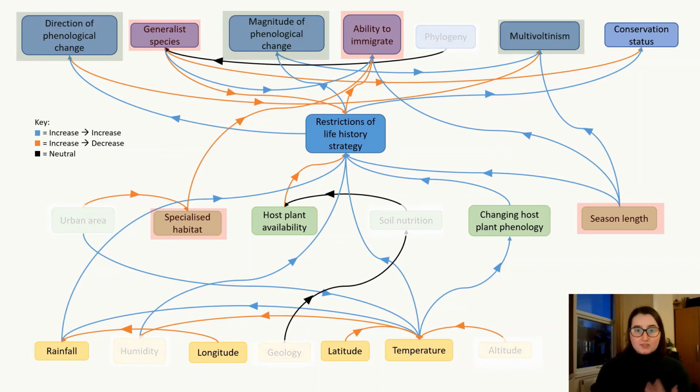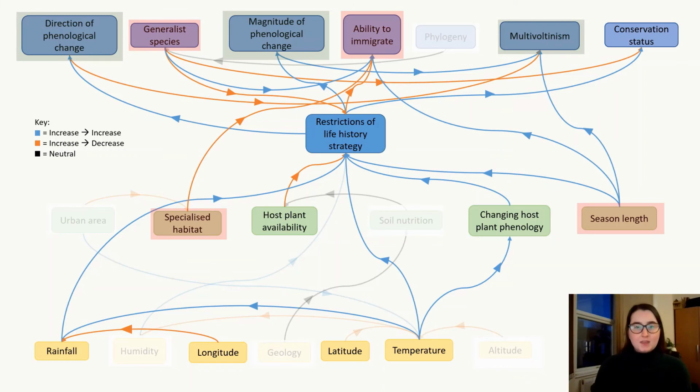But of course, there are some we don't have access to at the moment, and these are the ones that I've just faded out here. As a result, we lose these interactions, which is a shame, but there is only so much that we can model in the time that I have in a PhD. I'd love to work on this for years, but there's only so much we can do.